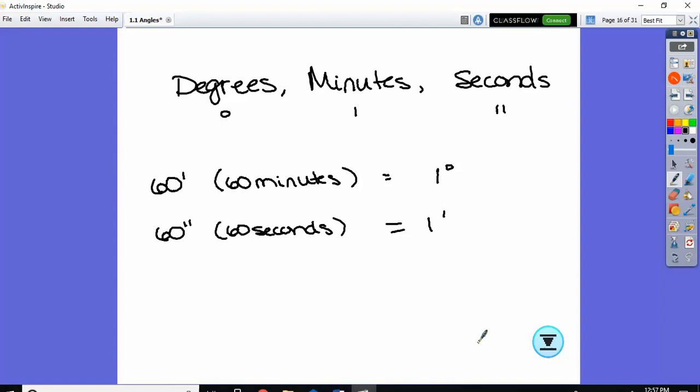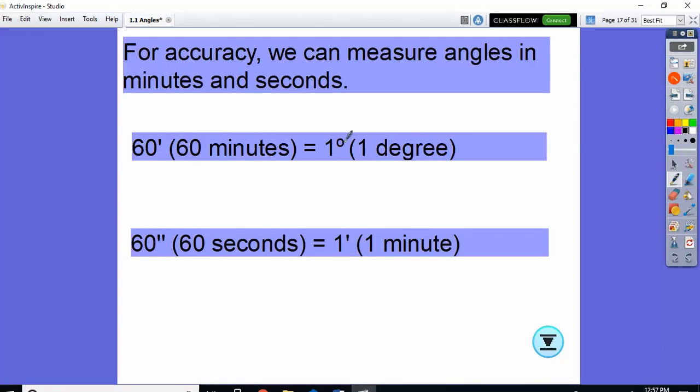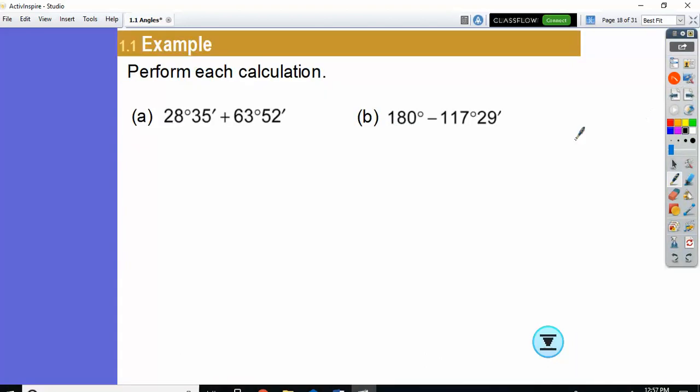So the first thing that we need to do is get comfortable with dealing with these numbers. So we are going to add and subtract with them. So if I asked you to do 28 degrees, 35 minutes, plus 63 degrees, 52 minutes, what we're going to do is set it up like you set up your addition problems when you first learned how to add big numbers.